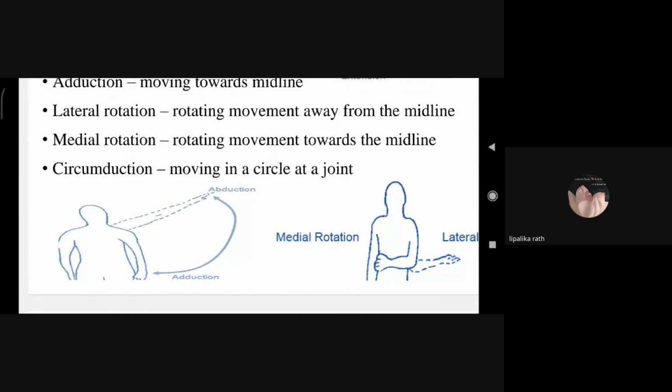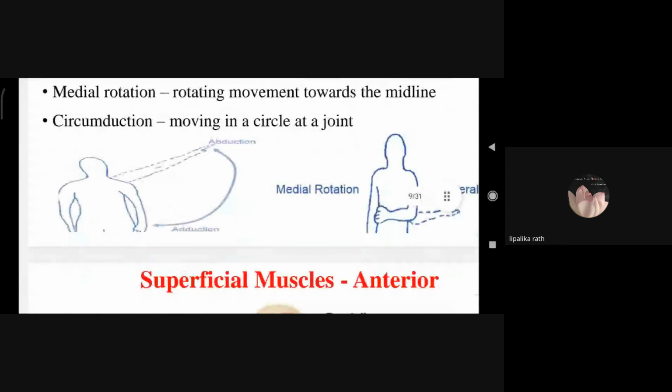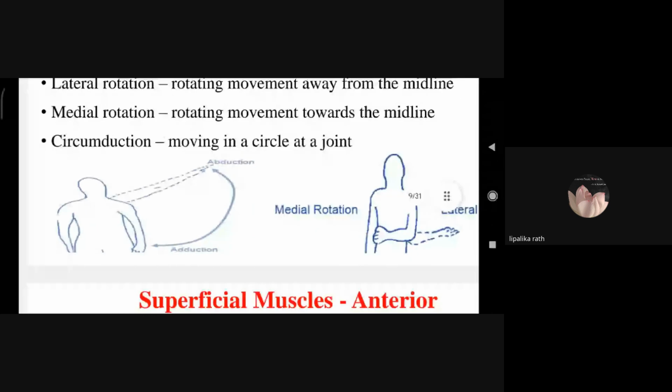Or when we are rotating our waist, the movement by which a circle is made is circumduction. In the case of neck movement also, when we do a full rotation of our head from the neck, that is also circumduction. Any movement which forms a circle is circumduction. Clear? Yes, ma'am.